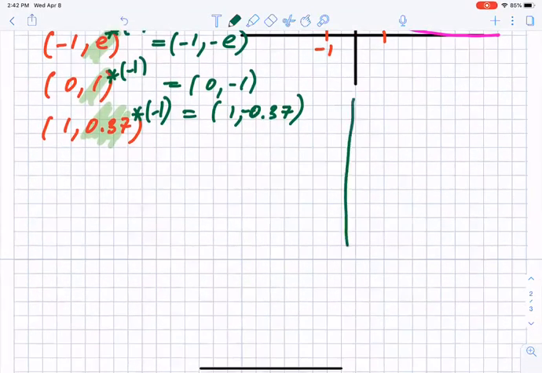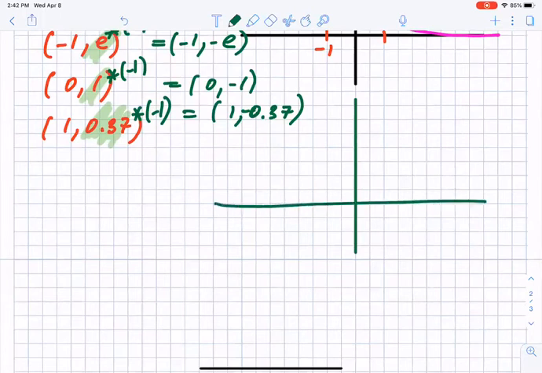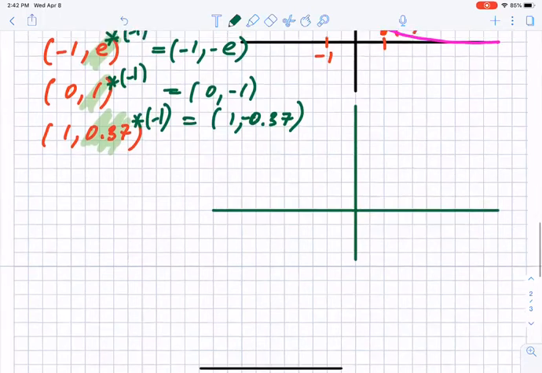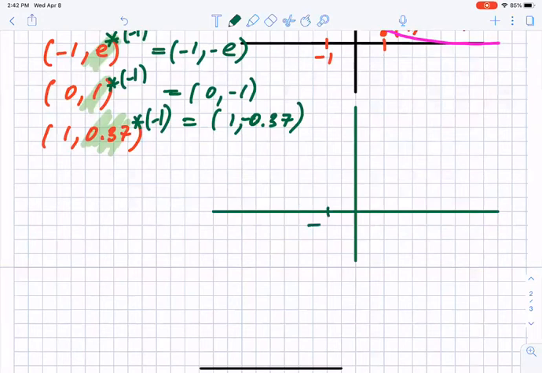Let's graph this. Well, -1 is still here. 1, 2, let's say it's around here. -1 and -e, right? Let's graph 0 and -1, right? So it's here.